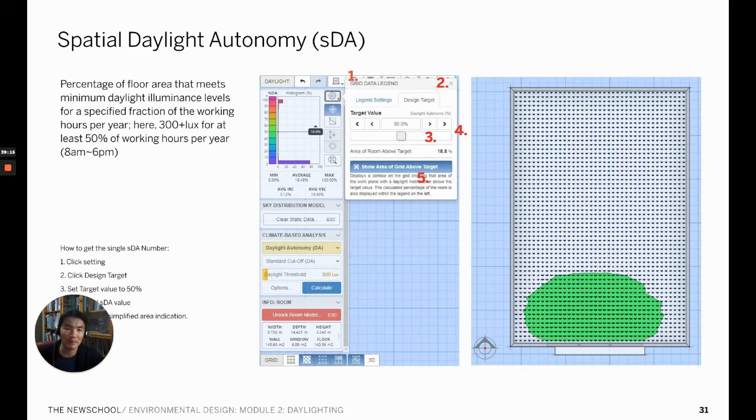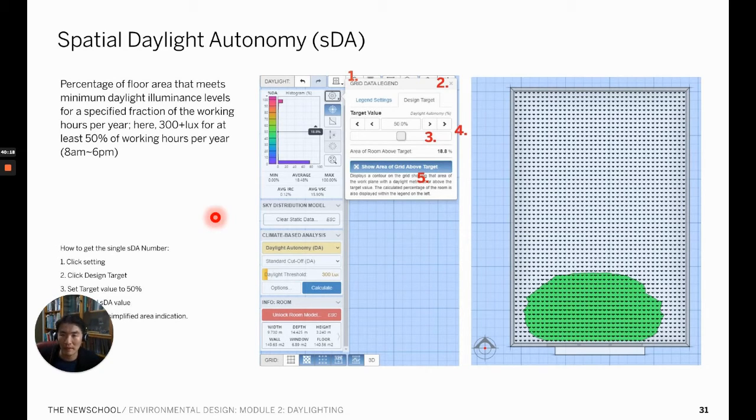If we take that one dimension above and say the percentage of all of those points that are above 50%, now we get a single number for that entire space's spatial daylight autonomy. This single number summarizes each point's amount of time above the illumination threshold spatially throughout the whole room.